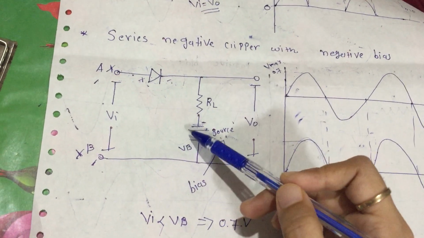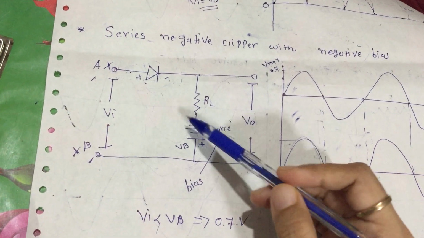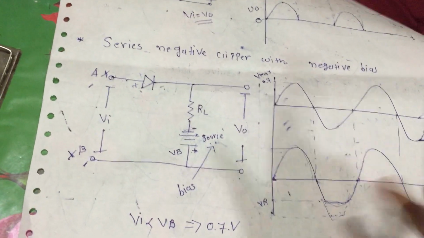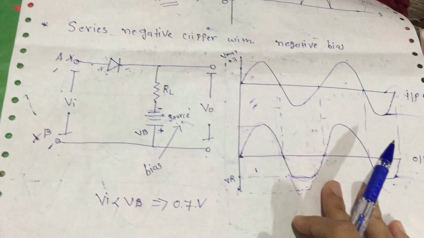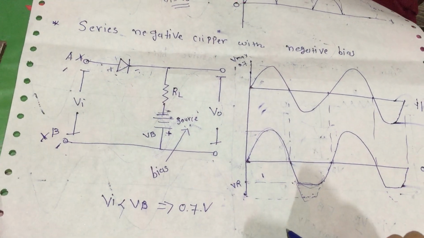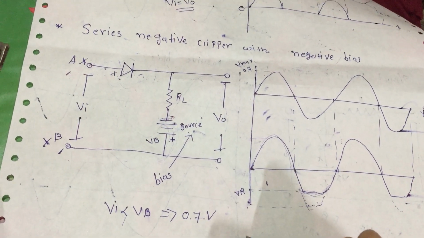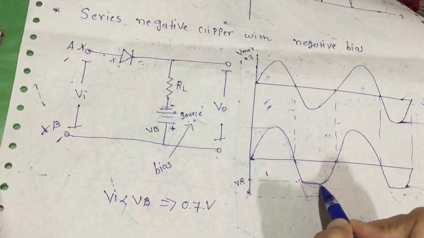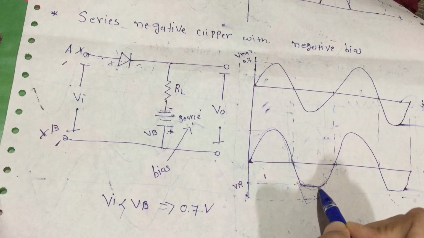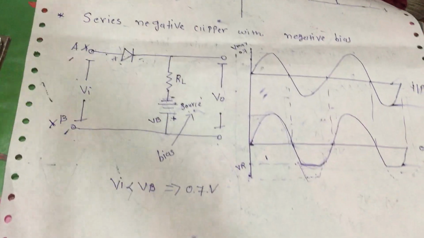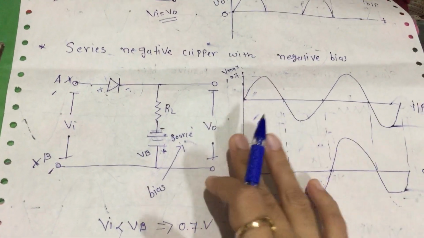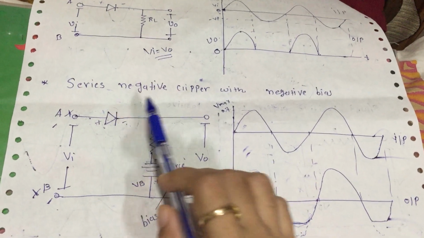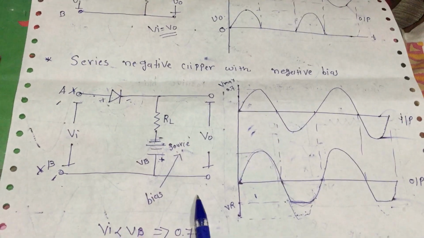So Vb has more voltage than Vi, and this is the voltage difference. In the negative half cycle, because of the 0.7 volt difference, we are not getting 0.7 volts, we are getting the difference. That's why we cut the peak of the negative half cycle. This is the series negative clipper with negative bias.